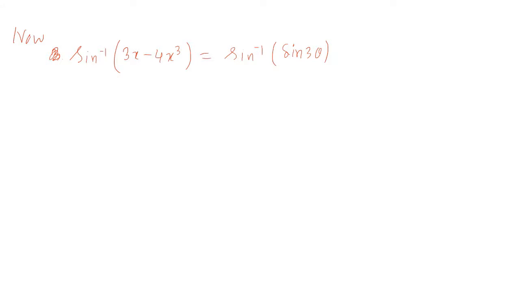And here we see 3 theta belongs to what angle? 3 theta belongs to from minus 3 pi by 2 up to minus pi by 2. This is the first branch.